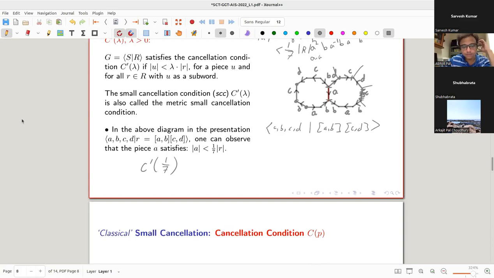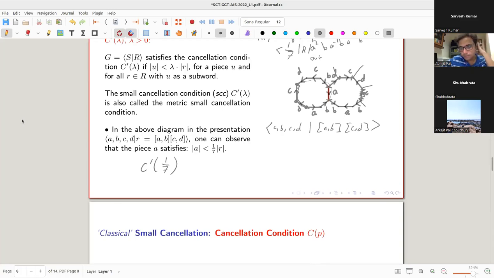Because for this symmetrized set we are talking about, if I want to start from here, cyclic permutation means I can start from any of them, right? So if I want to start from there, maybe I will take this path. Then I will trace the entire relator, and then I will come back. I'm getting the same thing, right?